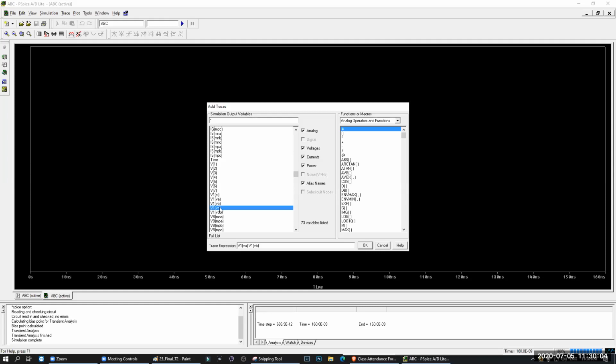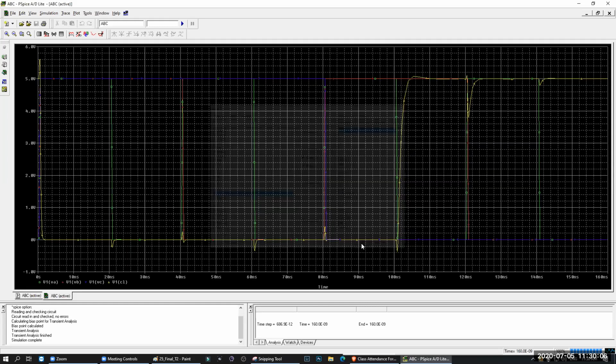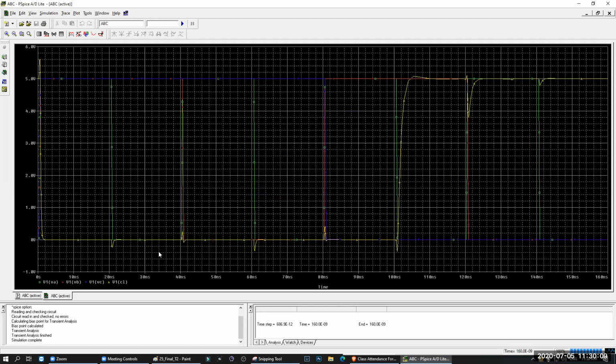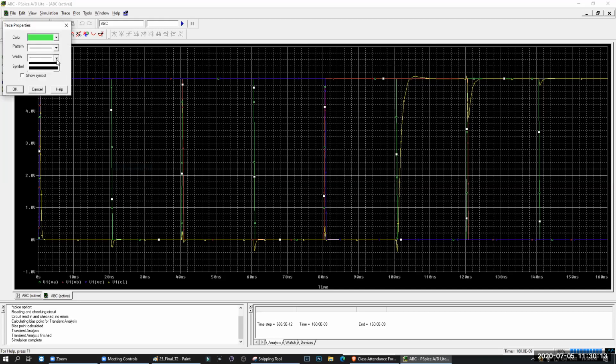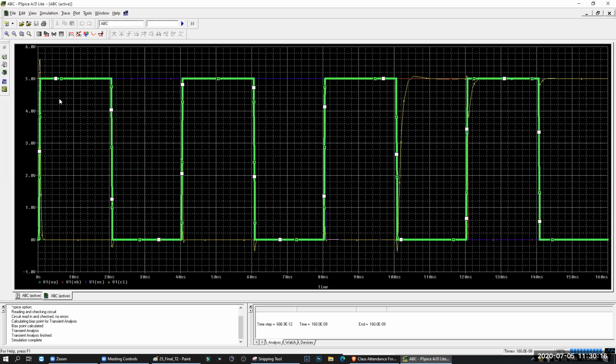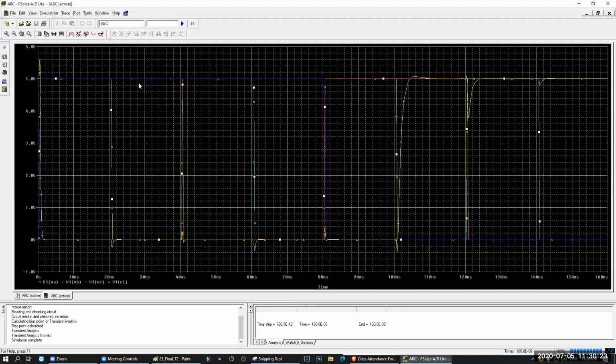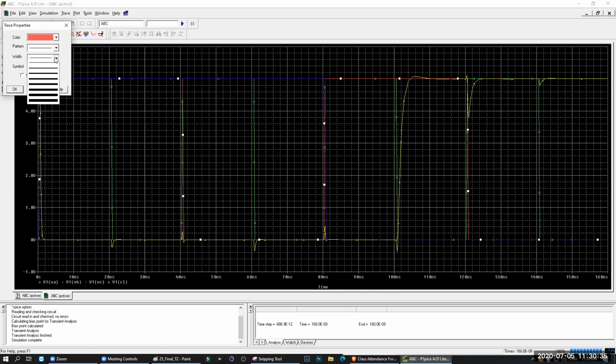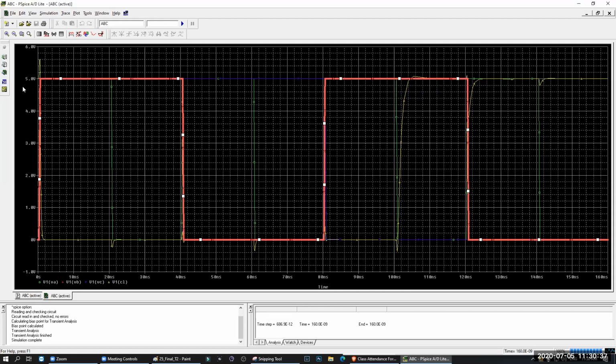VA, VB, VC, and the CL. Okay. So which one is VA? VA is the green one. You can see this is the VA. Which one is VB? VB is the red one. This is the VB.